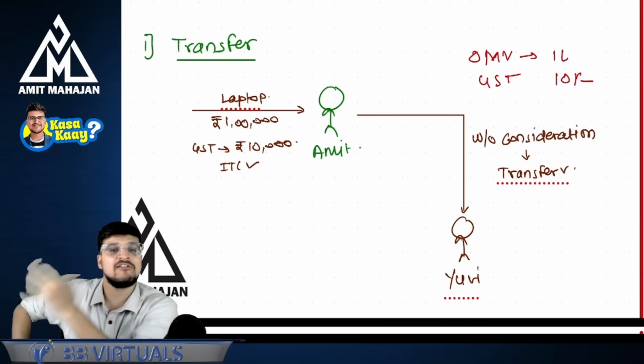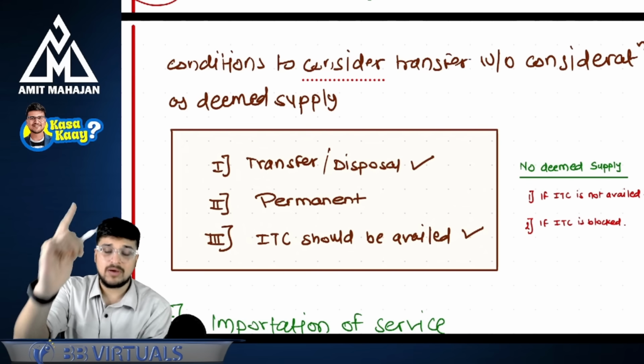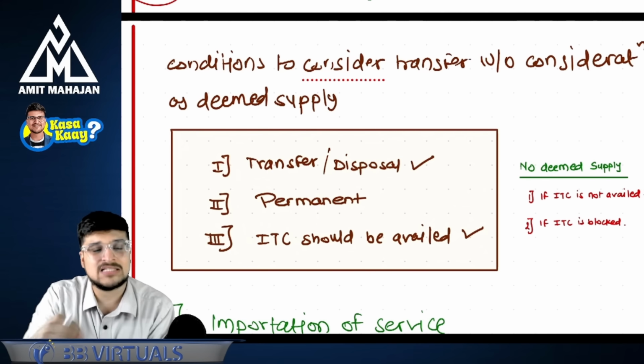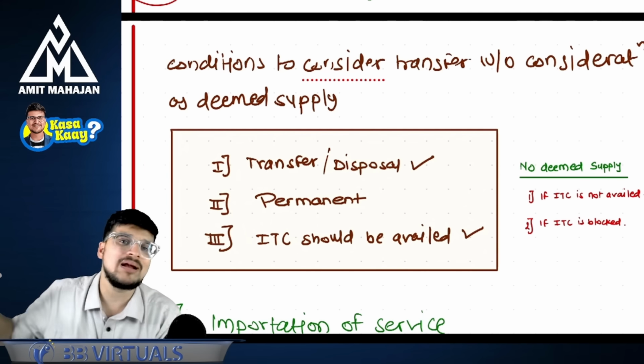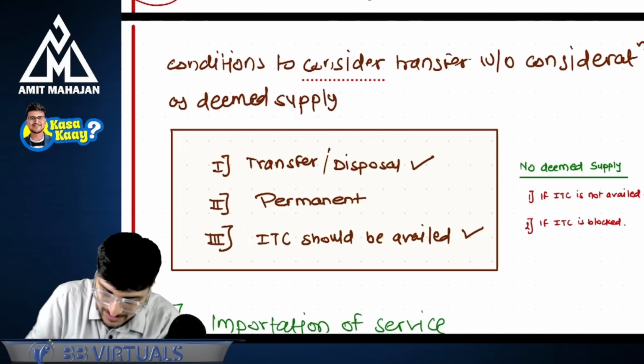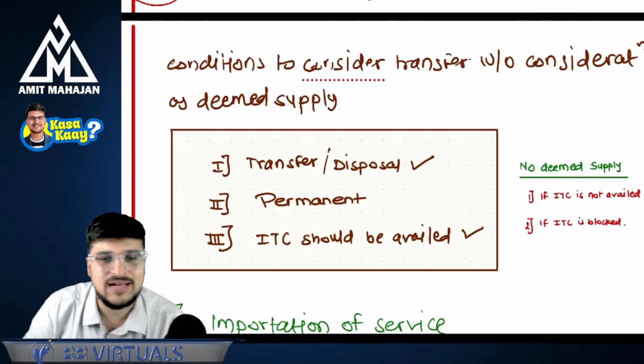Understanding? Perfect. Okay. So, conditions to consider: transfer without consideration as deemed supply. 3 conditions you'll remember. Number 1, there has to be a transfer or disposal, of course. Such transfer or disposal has to be permanent in nature, and ITC should be availed on that.